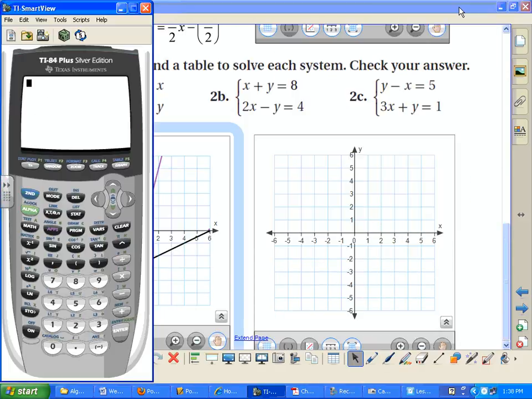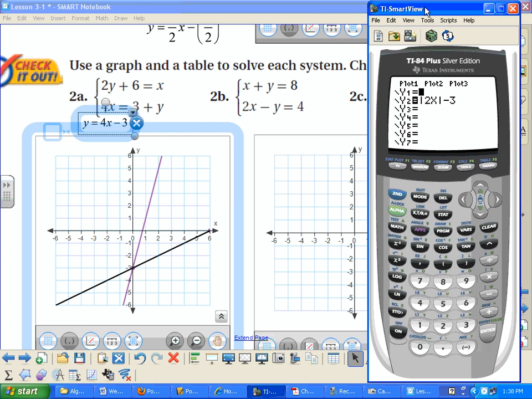All right, so John put it in his y equals. So you've got y equals 4x minus 3. And then the other one you did what?